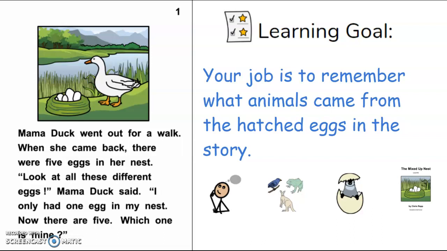Now there are 5. Which one is mine?" Oh, we're going to have to find out which egg is Mama Duck's. Which do you think it is? Do you think it's a big egg or a little egg is hers? I don't know either. We're going to have to find out. Let's turn the page.